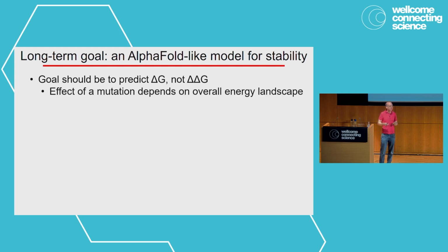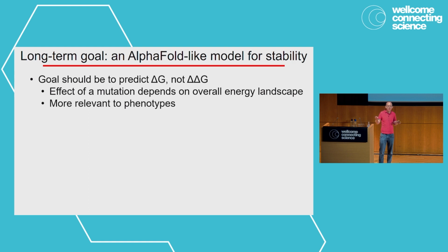That's because the effect that a mutation has depends on the overall energy landscape of a protein. It's not just what amino acids it is touching, because it's how the entire protein reacts when you make that substitution. And I think having all this data under identical conditions of absolute stability should really improve predicting the effects of mutations.